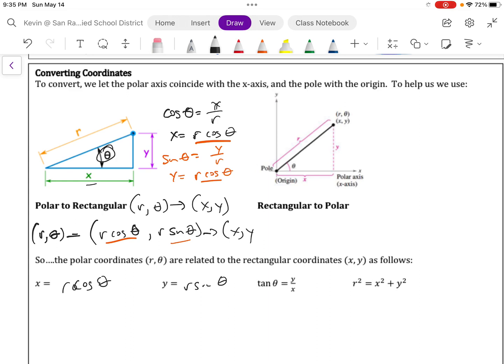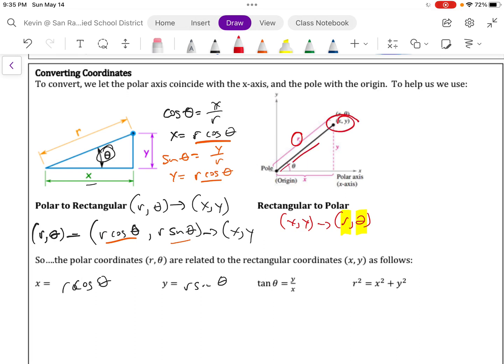Now, we can also look at converting from an xy coordinate on the Cartesian plane to a polar coordinate where we have r and theta. So we need r and we need theta. Let's think about r again. This is r, the distance here.